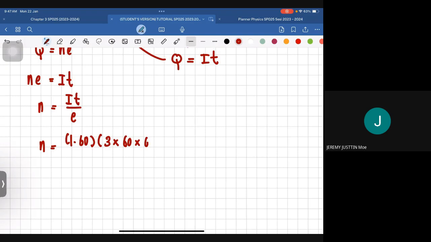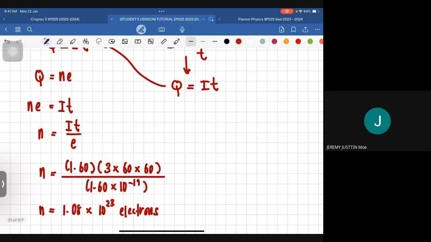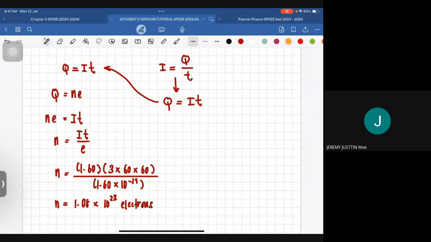So, times 60 divide by the charge of electron, which is 1.6 times 10 negative 19. Okay, so from here, the number of charge particle is 1.08 times 10 to the power of 23 electrons.